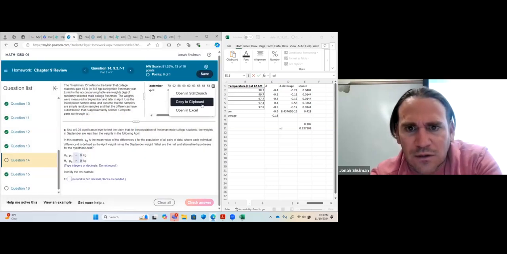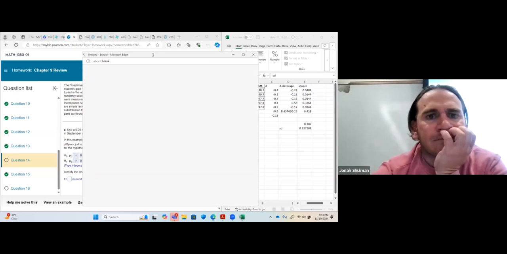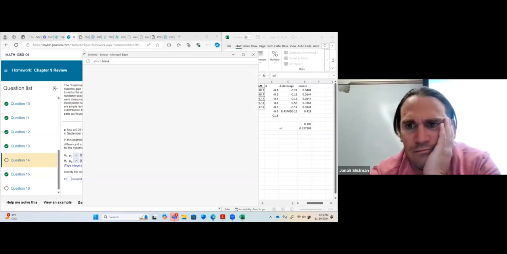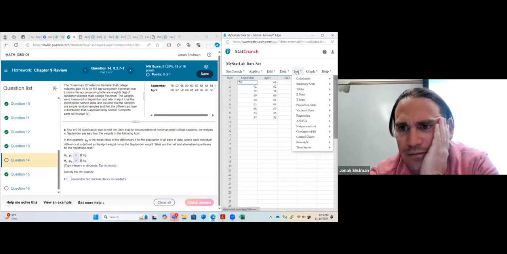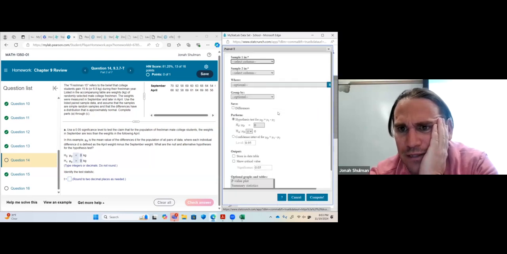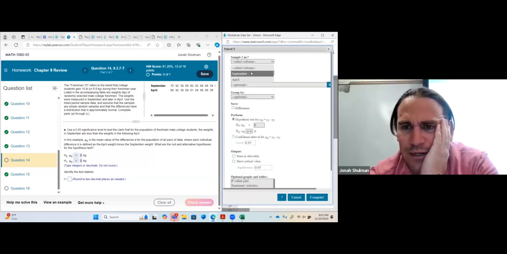So here we go. Here's our T statistic, open in StatCrunch. All right, so we're going to go to Stat. T statistic, paired data. We got September, we got April, 0, and we are gaining weight. So it's greater.